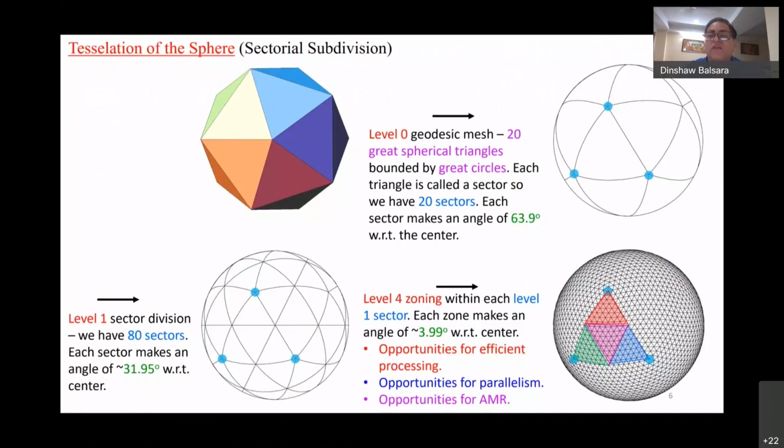You can imagine that the first meshing of the sphere would be a great triangle like this one, for example. The boundaries of this great triangle are made up of arcs of great circles on the surface of the sphere, and this gives you a resolution from here to here of around 63 degrees. Of course, that is a very poor resolution.